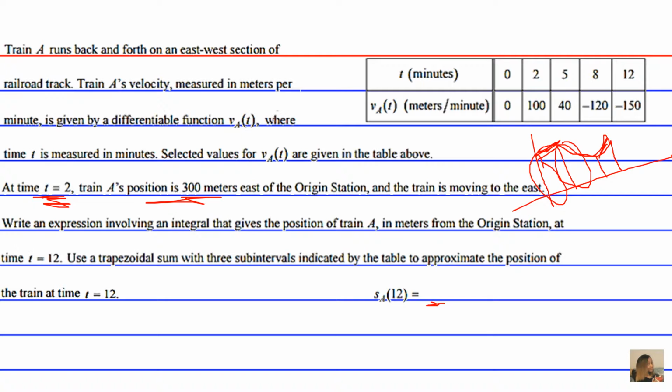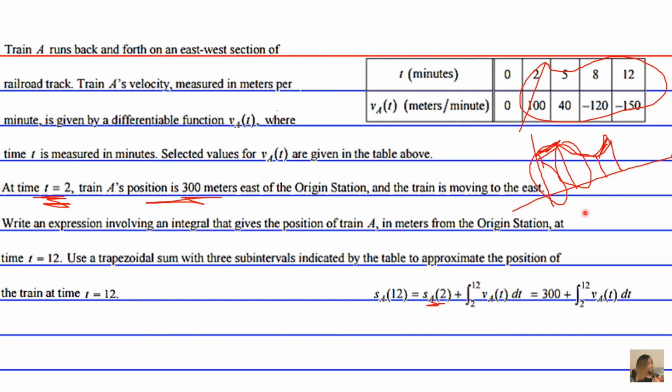So from 2 minutes onward and all this in here, okay? All right, so that's that. And so we can go ahead and plug in our 300 because we're given that information here. But we still don't know what the exact integral from 2 to 12 of VA dt is.